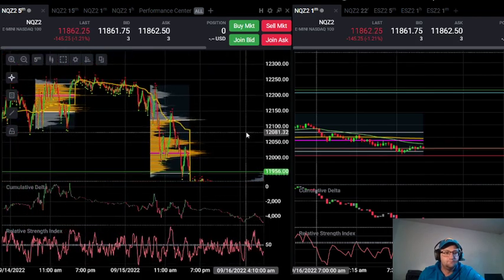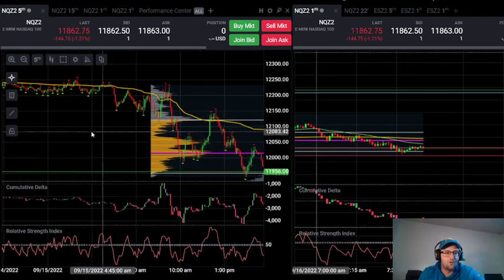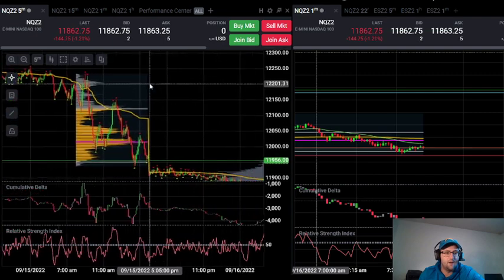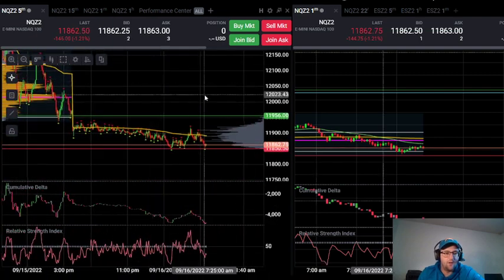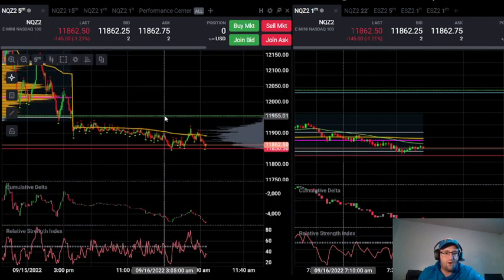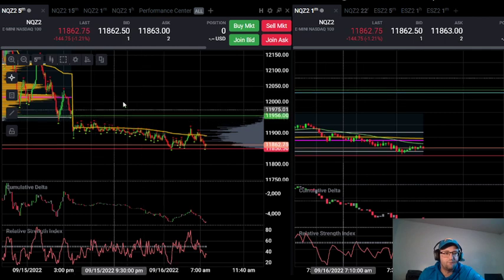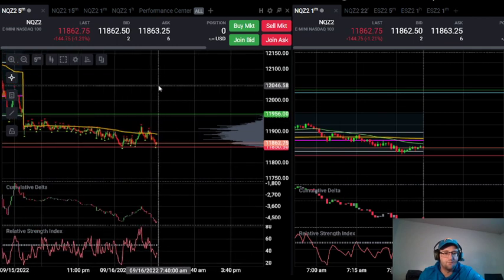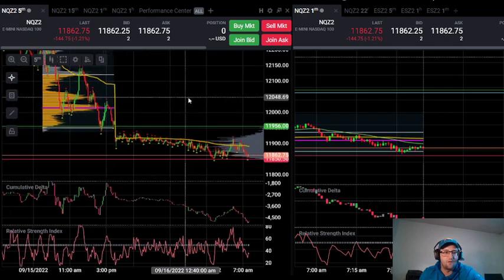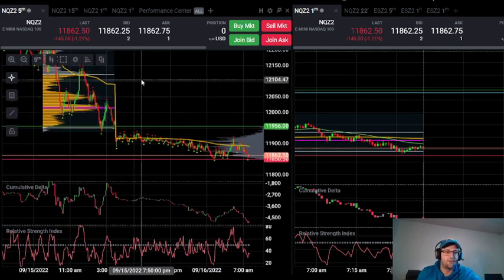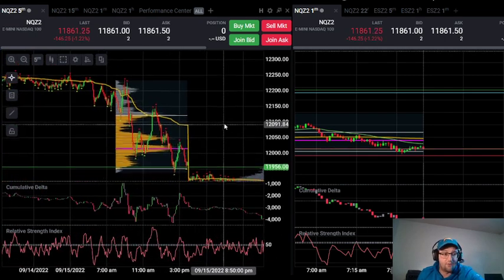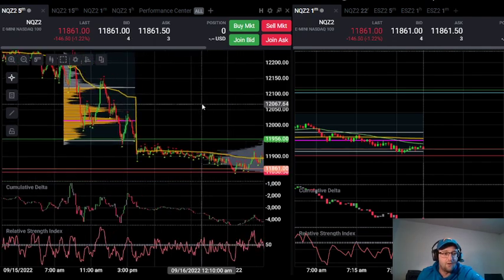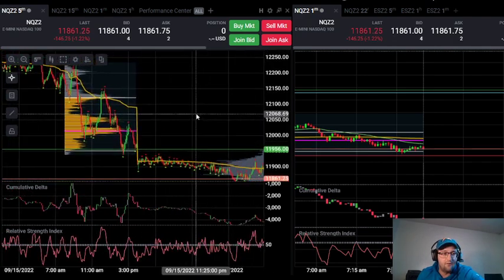Regardless, why does my chart look so wonky right now? I hate it when it does that. So it looks like we were pretty flat all night. I mean, we're separated by about 100 points overnight, so that's really not a wide range at all. We're sitting below yesterday's value area on the.